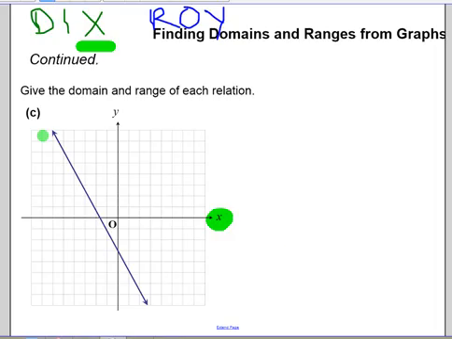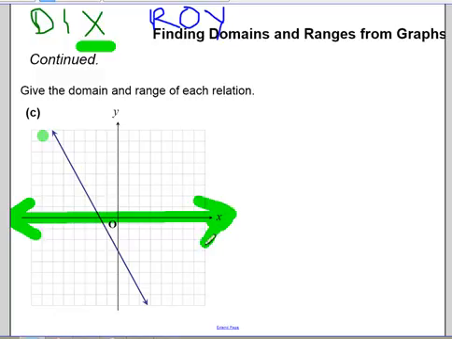Okay, this graph is going to keep going over and over to the left, and it will keep going over and over to the right. So the domain is really everything from everything in that direction to everything in that direction.